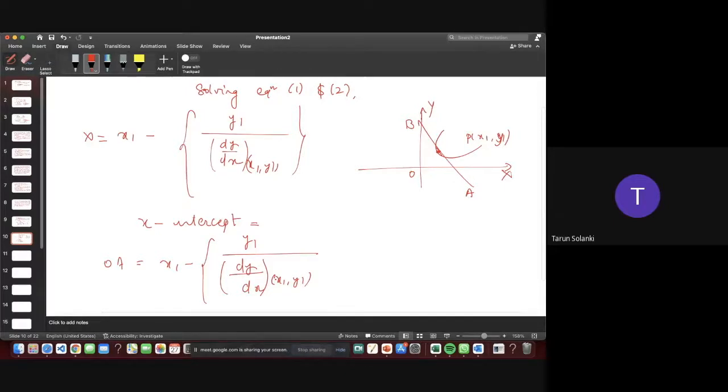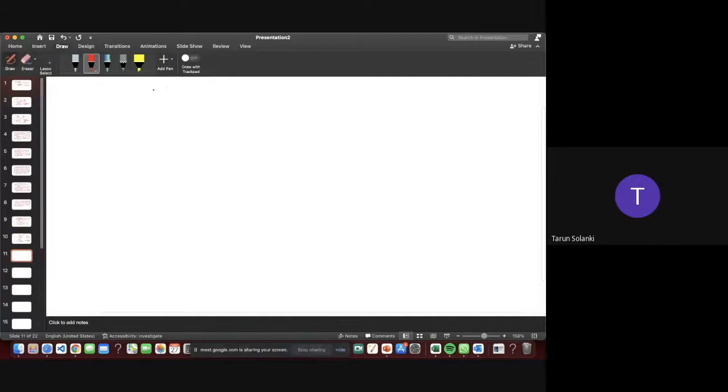So similarly, if we go for equation 1 and 3, for the y intercept, we will get OB is equal to y1 minus x1 dy by dx at x1 and y1. So the length of intercept made by the normal on the x-axis.